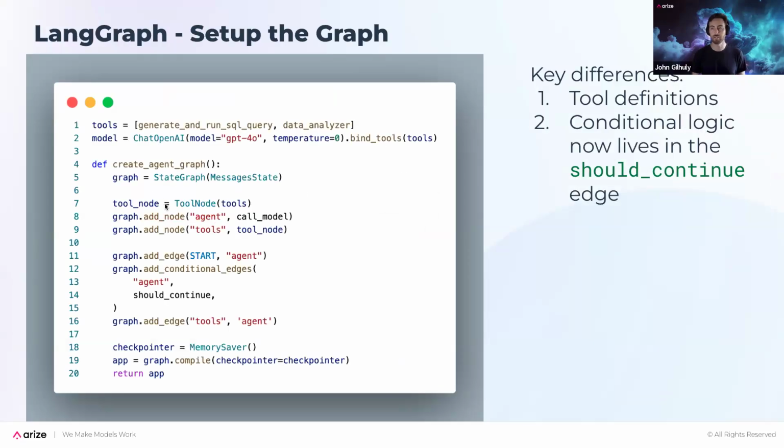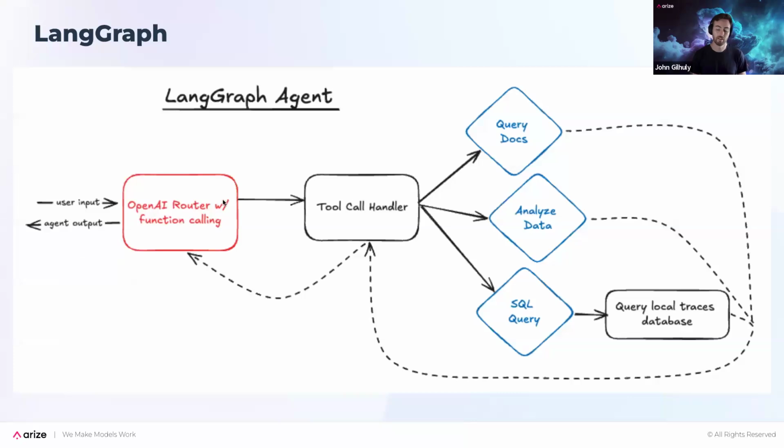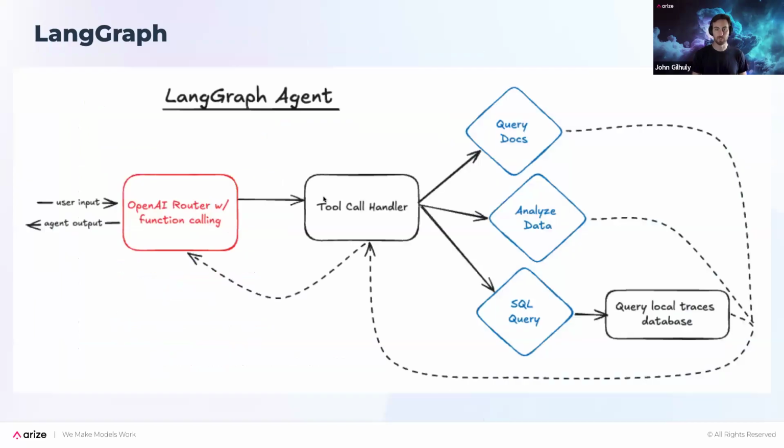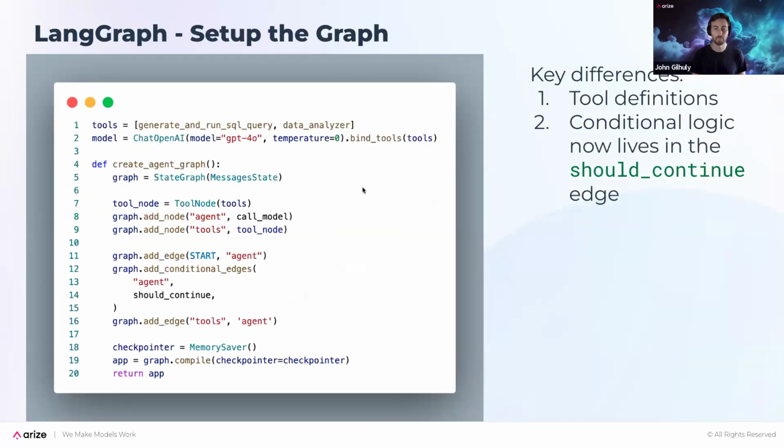So if you've got a function calling agent, this is going to abstract away a lot of how it handles all its tools with this object here. And so you can see our graph is going to get two nodes. It's going to get an agent node, which is our router here, this one in red. And then it's going to get a tools node, which is that tool node object, just kind of this handler that we have in the middle.